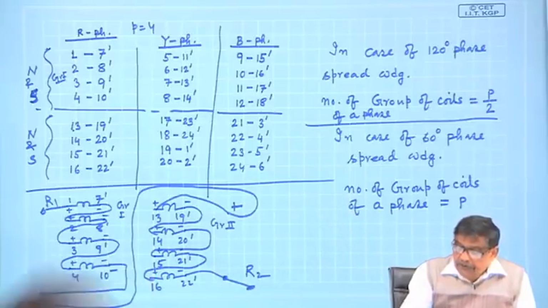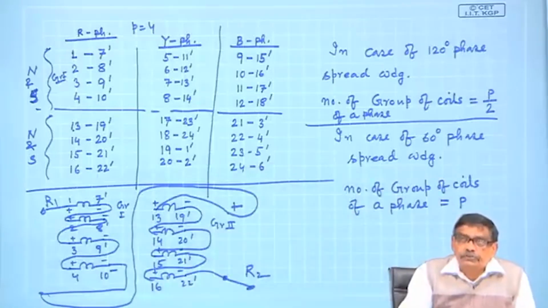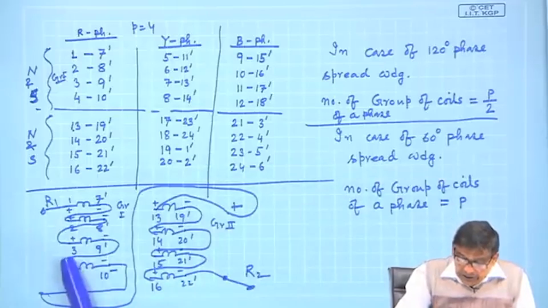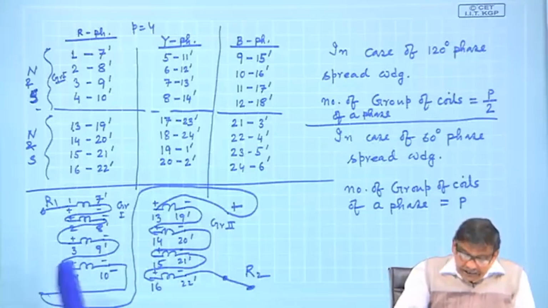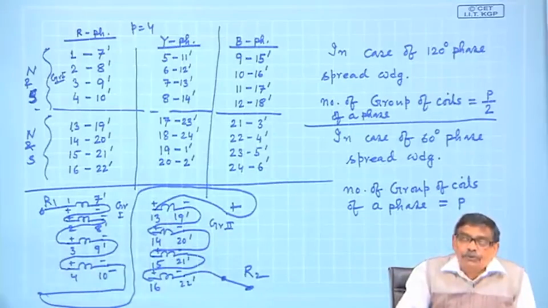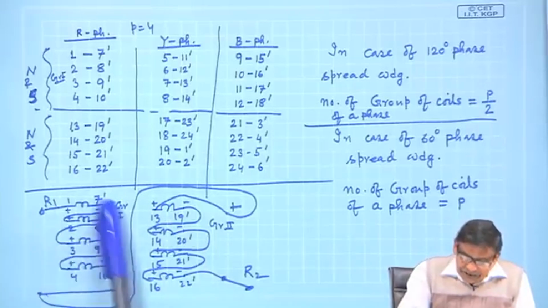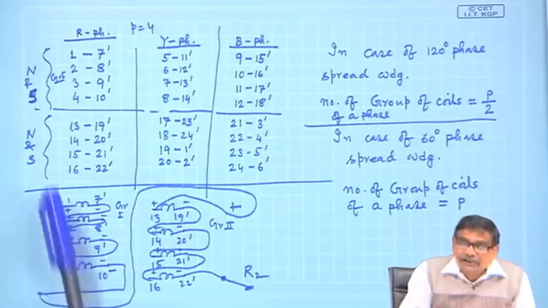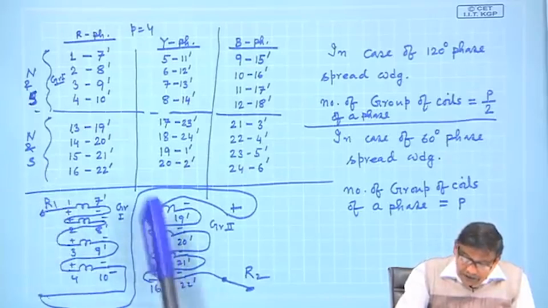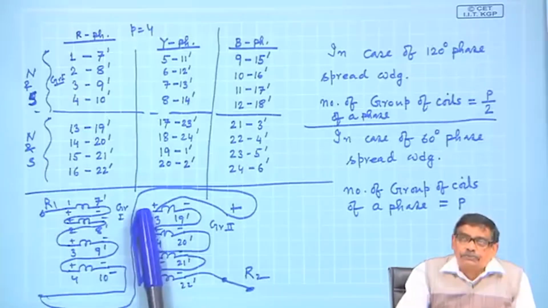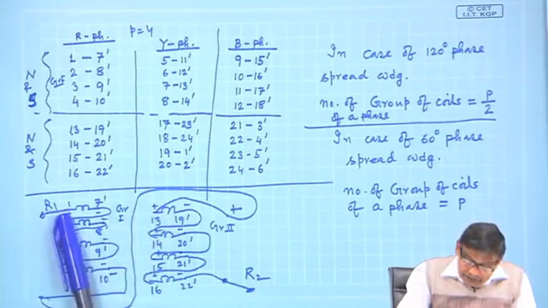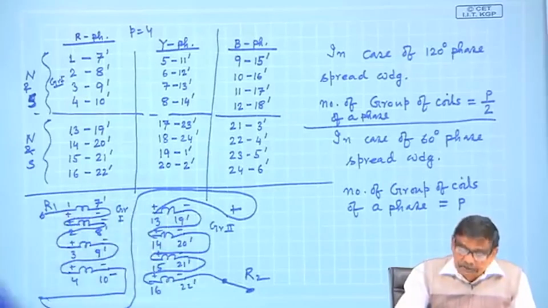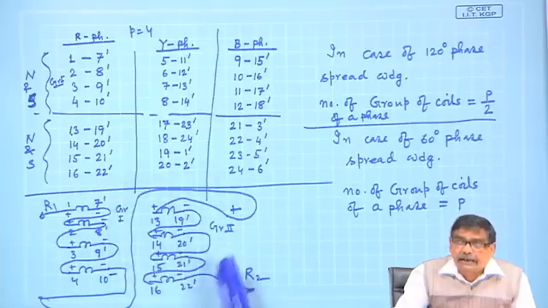Understood? Therefore, if it is a 6 pole machine, you will soon discover there will be 3 groups. Only interesting thing is the polarity of the voltages. Here, okay, it goes fine, because 1 starts under north pole, 13 also starts under north pole. Therefore, there they will be of like polarities, and therefore, they can be straight away connected in series.